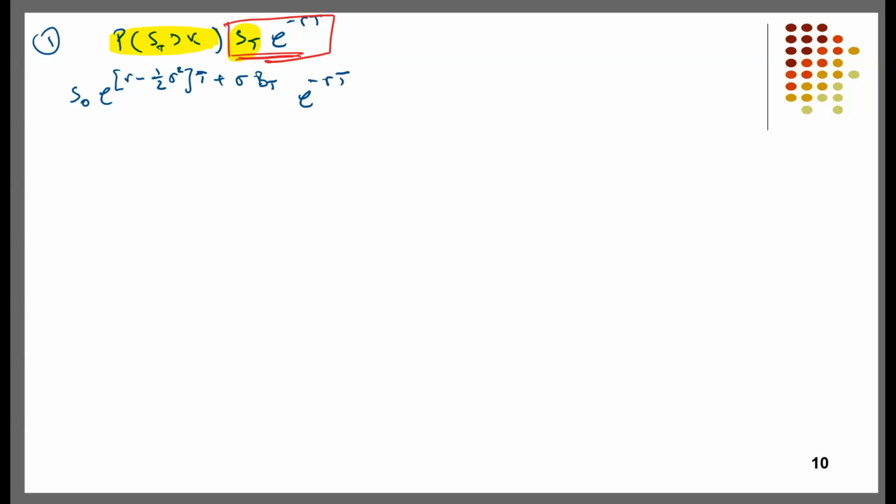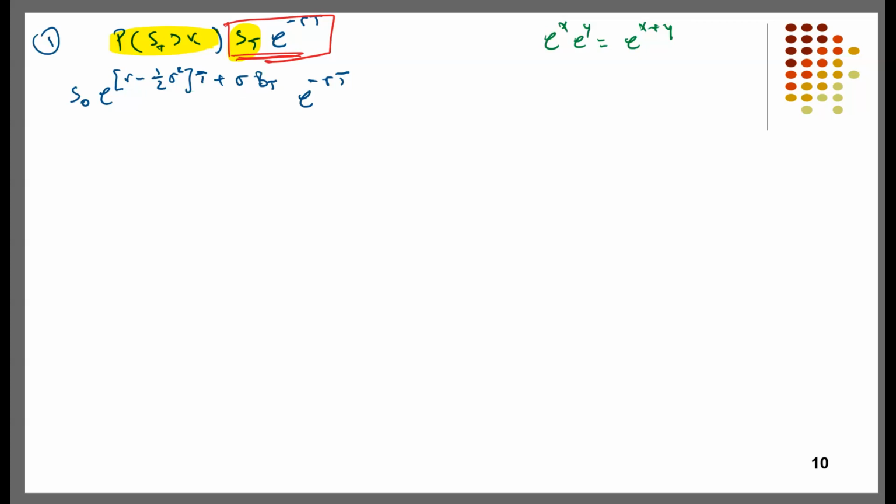Now you also remember that when you're working with exponential functions, the product of exponentials is the exponential of the sum, right? So the exponential of x times the exponential of y is equal to the exponential of x plus y, which means that we can split this term into several components.